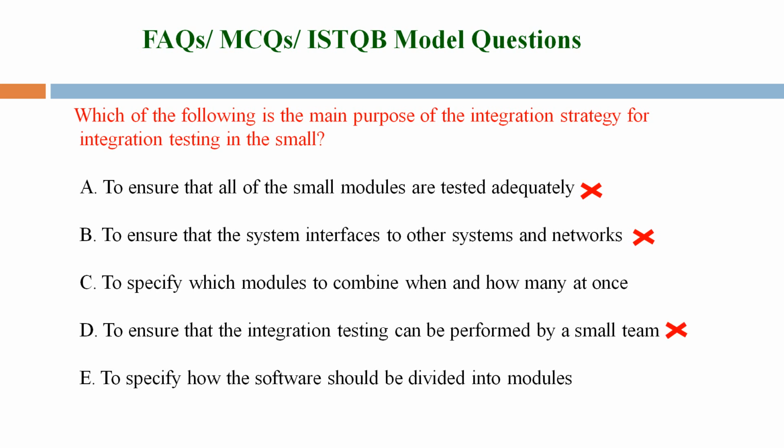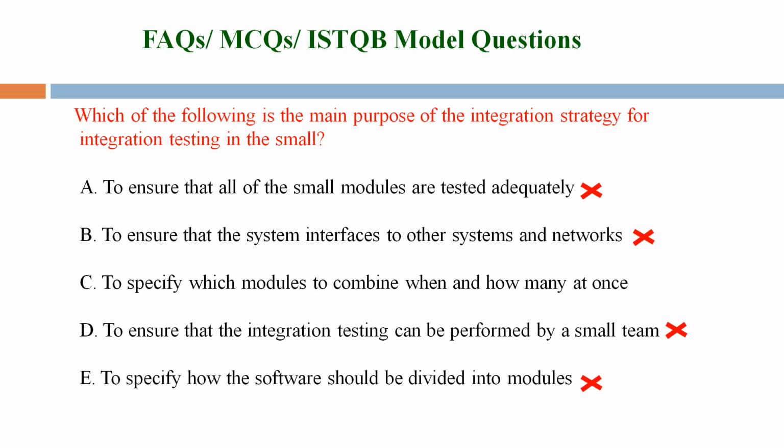And to ensure that the integration testing can be performed by a small team. Irrespective of the team size, we cannot ensure that integration testing should be performed with a small team or with a big team. It depends upon the size of the project, right? This is not the integration strategy.